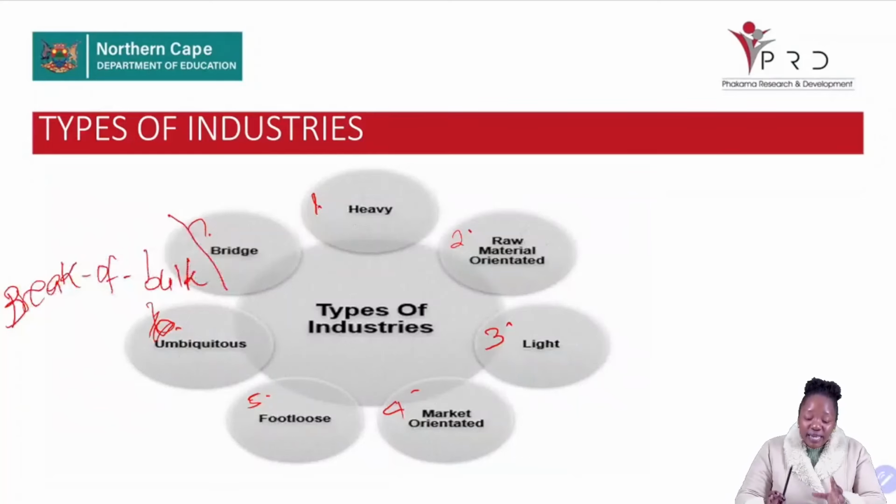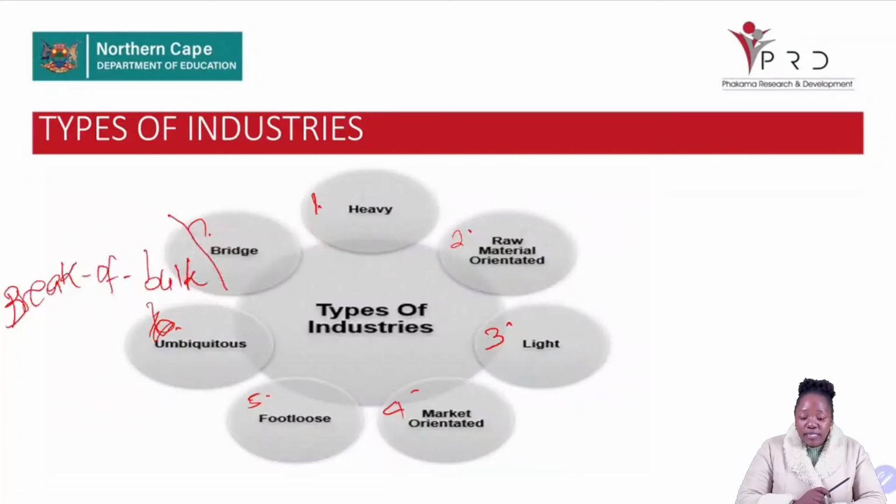So our next lesson will be based on the types of industry. You need to be able to describe them and give examples. When you're talking about heavy industry, what are the industries that come to your mind? So again, I am giving you something to go and research before you come to the lesson, so that when we discuss it, you will remember, oh, I have learned about this.